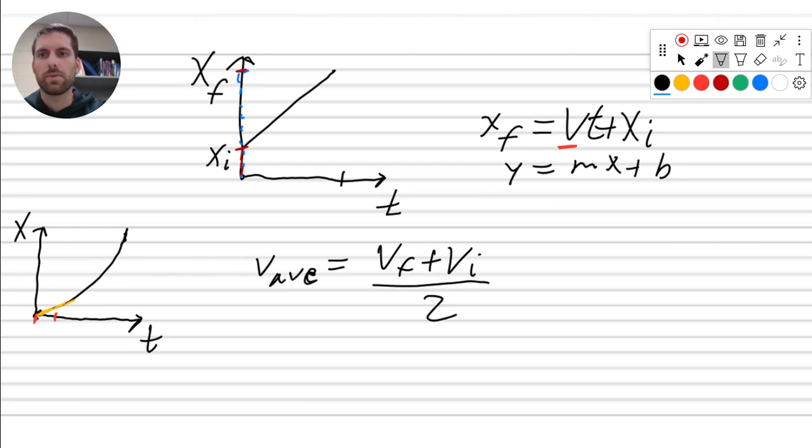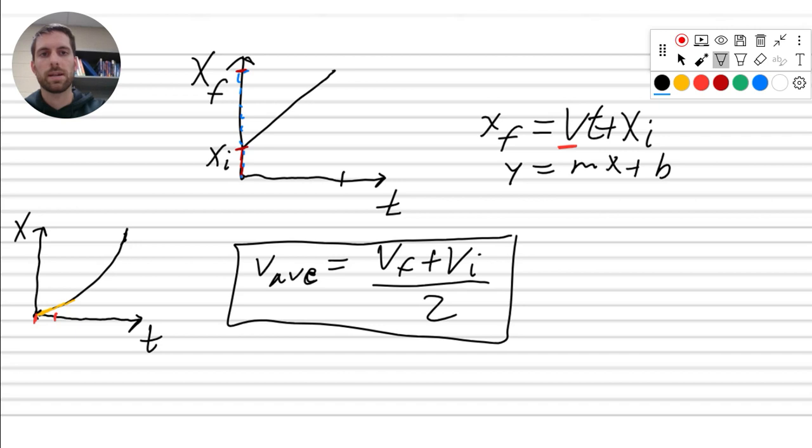Because to average numbers, you add the numbers up and divide by how many numbers there are. So that is what we're going to change this to. And now we just plug that in right here. So our equation changes a little bit, but not too much.